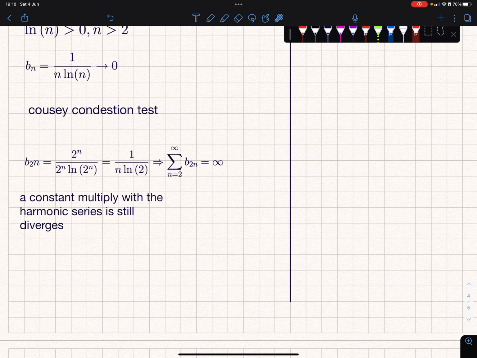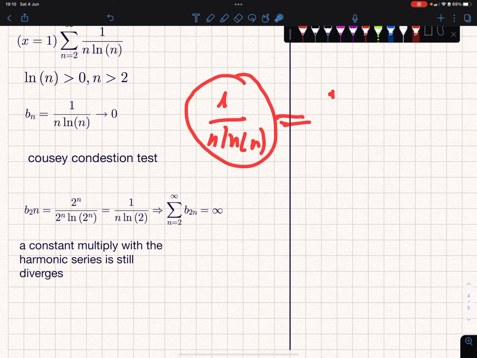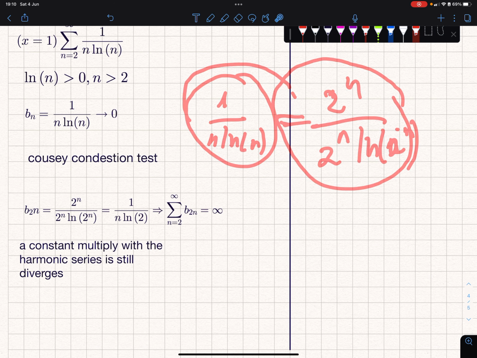Why? Because instead of using b_n, which equals 1 divided by n ln of n, we know that this series converges if and only if the series of 2^n divided by 2^n ln 2^n does. So these two series converge or diverge together.